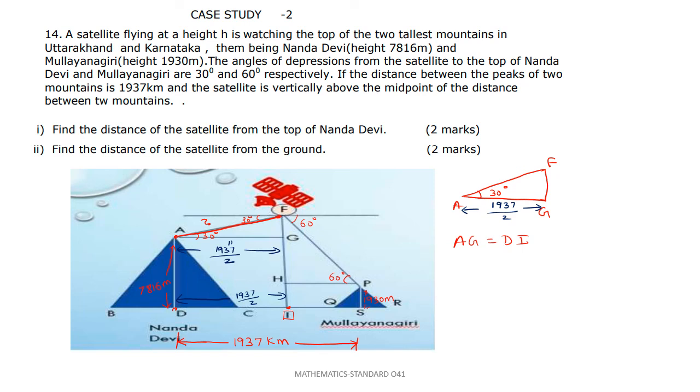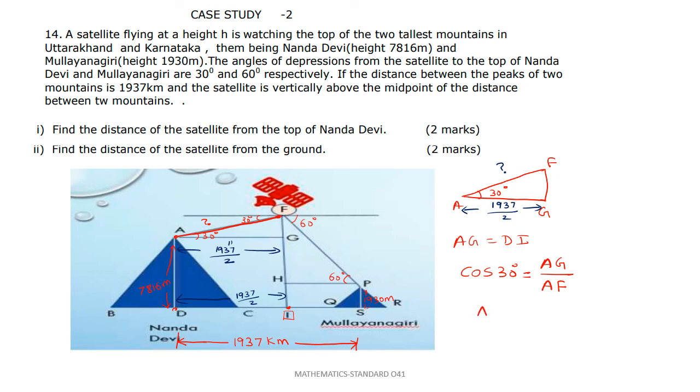And what we have to find? We need to find what is AF. So we can go for cos. Cos 30 degree is equal to AG by AF.